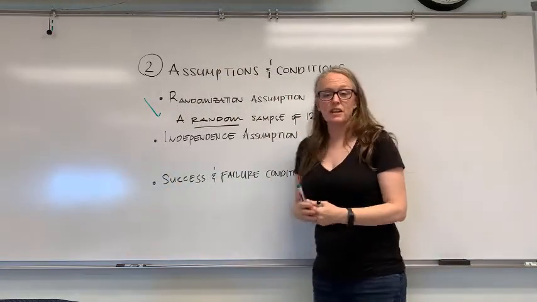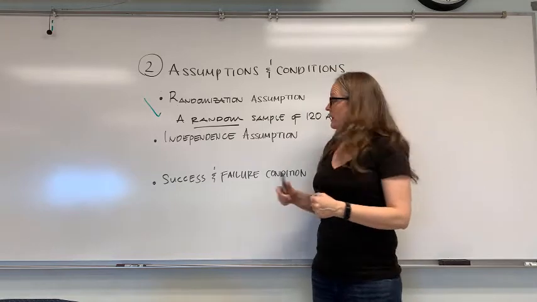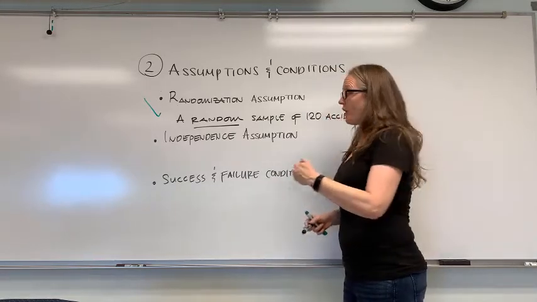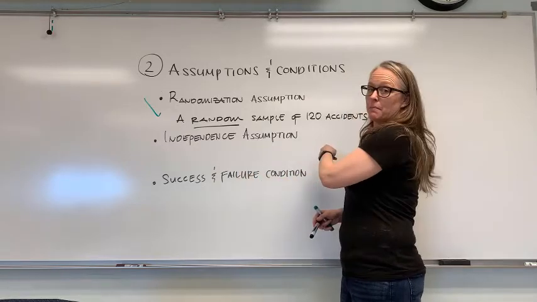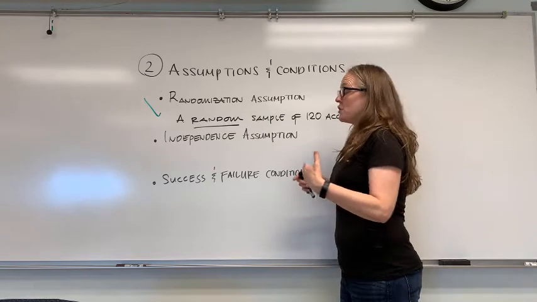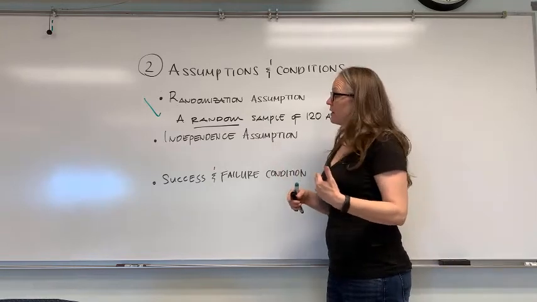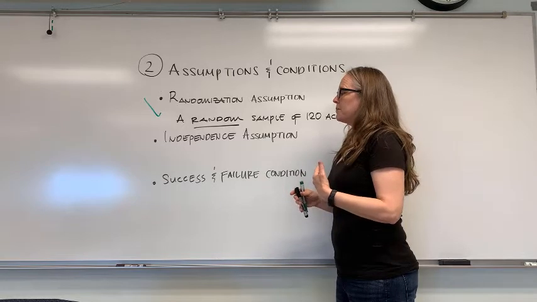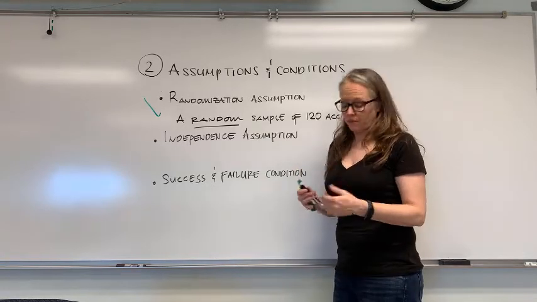The next one is to check the independence assumption. In this assumption, we want to feel comfortable assuming that each of the crashes in our random sample, whether or not a cell phone was involved, is independent of one another.